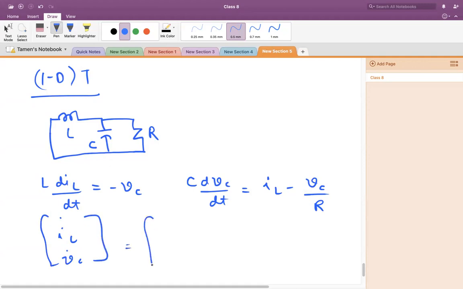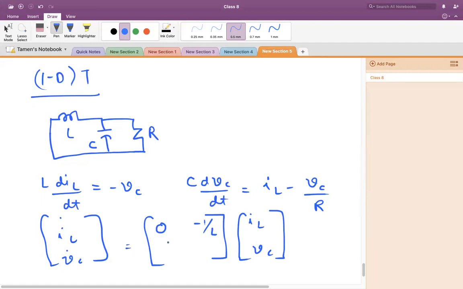So tell me what will be the A matrix. In terms of IL, what will be IL dot? IL dot will be 0. In terms of VC, what will be IL dot? Minus 1 over L. In terms of IL, what will be dVC by dt?